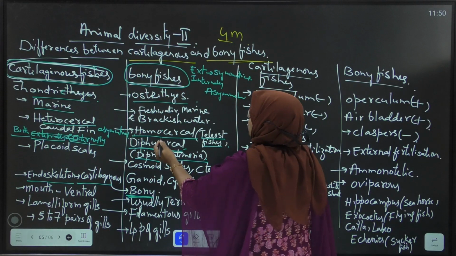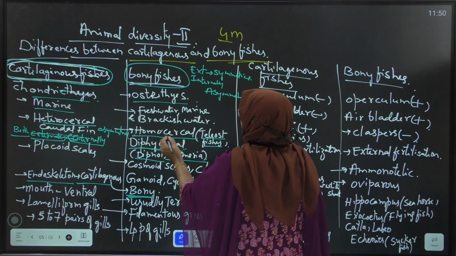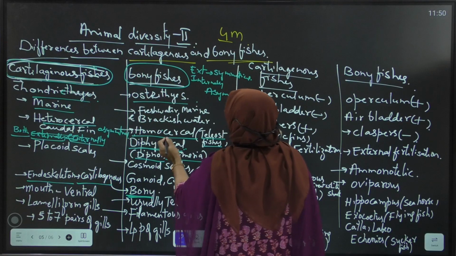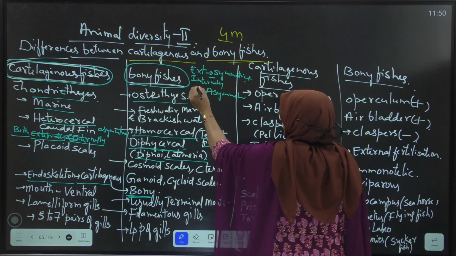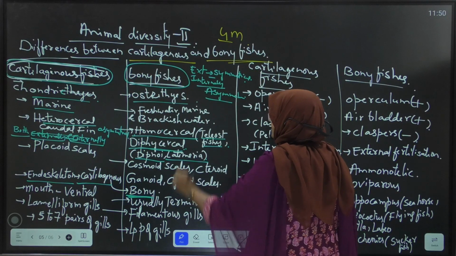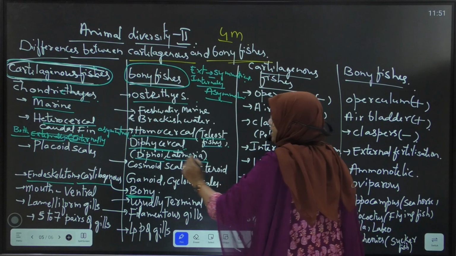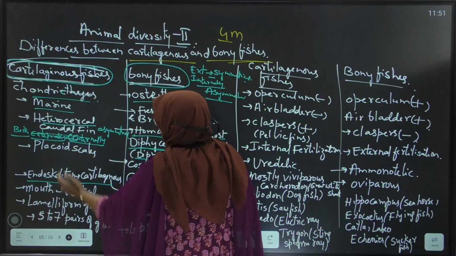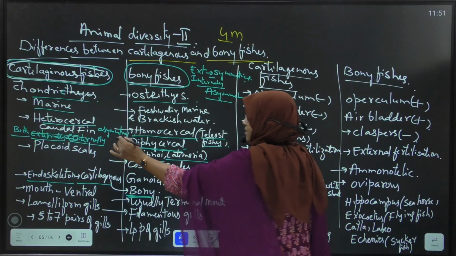Right? Next, bony fishes consist of homocercal caudal fin. Homocercal caudal fin means it is the tail fin which is externally symmetrical and internally asymmetrical. But heterocercal caudal fin is both externally and internally asymmetrical.